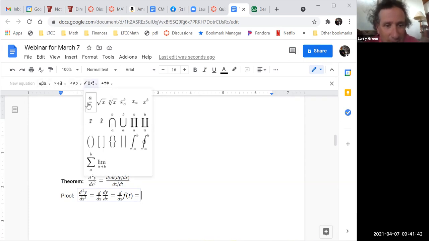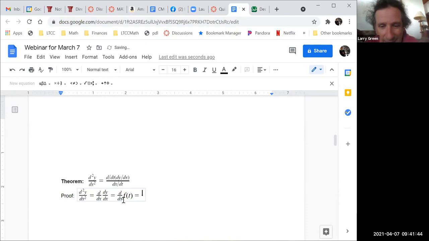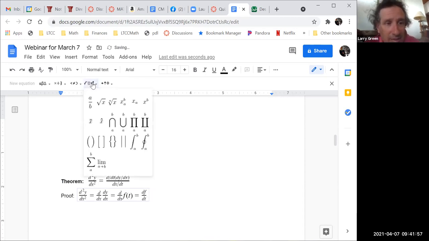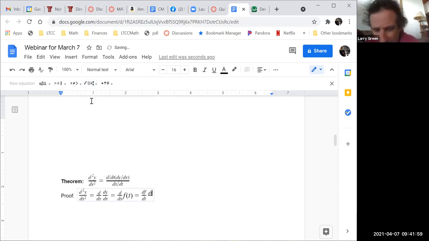So you write it as a chain rule. So d over dx, or df over dx, is the same thing as df over dt times dt over dx. Any questions on that?